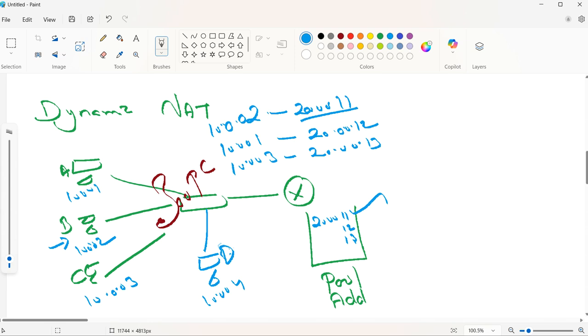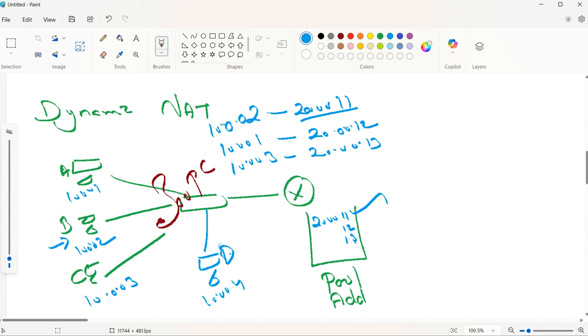When the fourth one comes, there is no address to give. So what will happen? It has to wait, and if an address is not released by someone, it will time out and get dropped.